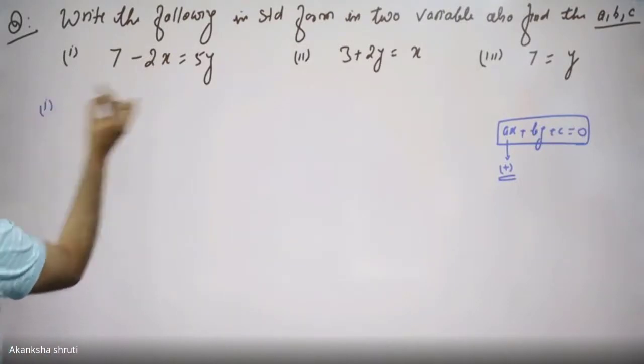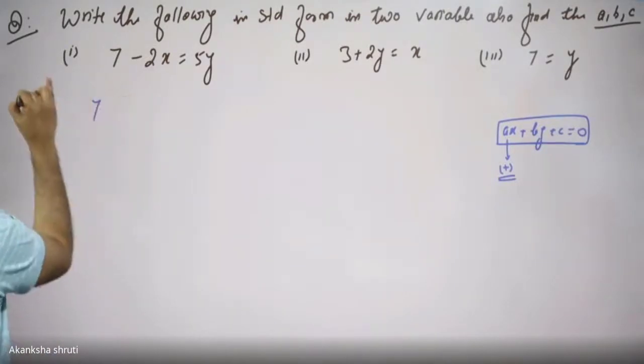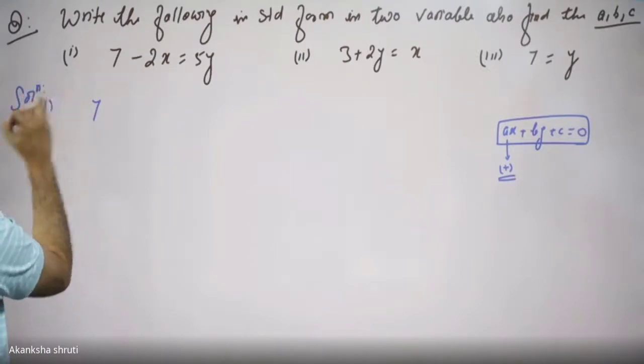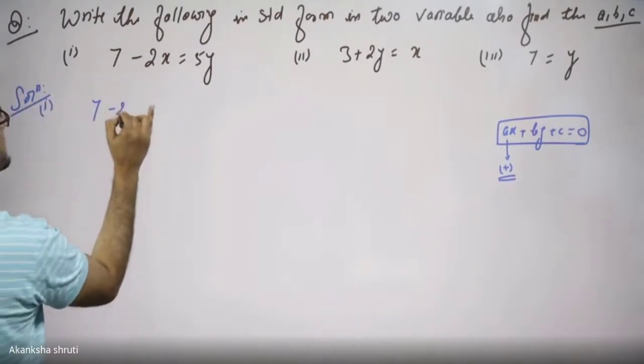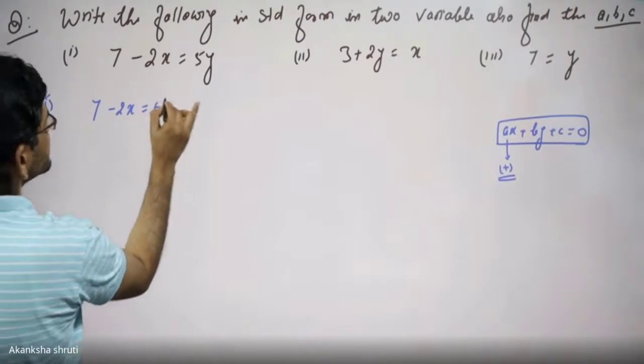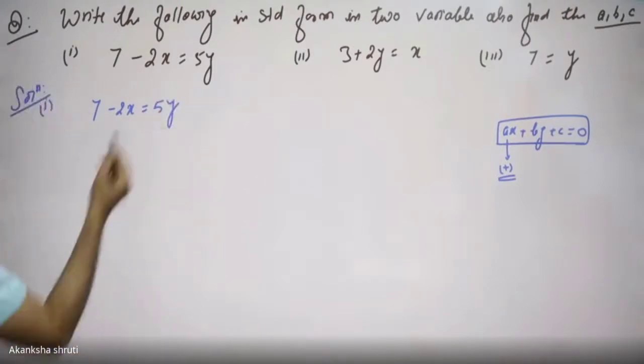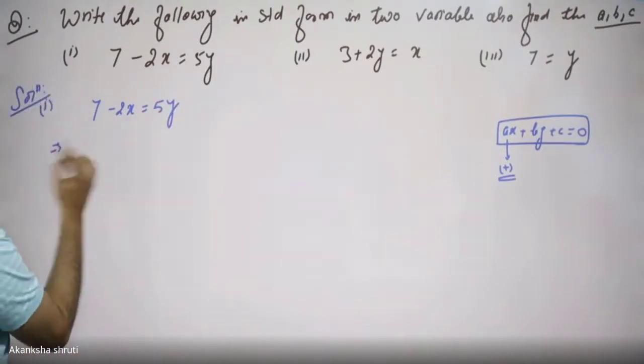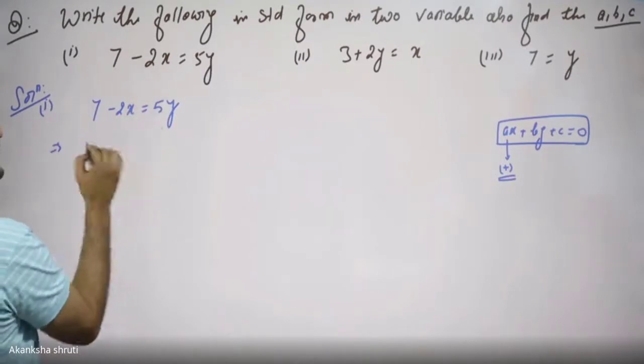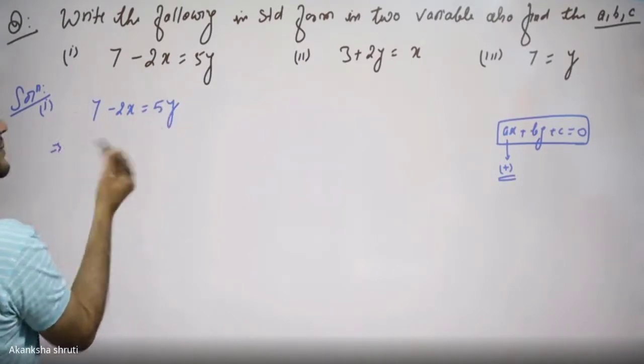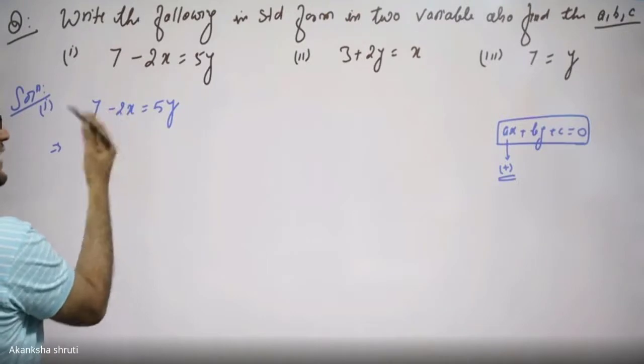Students, the given equation for the first is 7 minus 2x is equal to 5y. Let us rewrite this. All of this we have to bring to the left hand side. You may bring it, but the better way is to write the x term first.